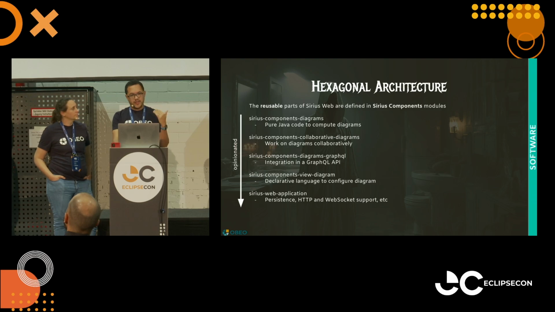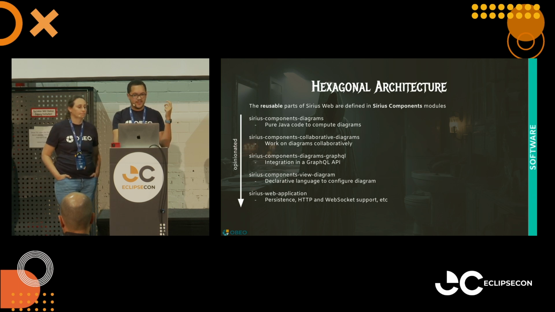On top of that, we have the integration of the declarative language that you have seen in the screenshots at the beginning of the presentation. Without this, you can only configure them programmatically. And finally, the application layer, which connects all that to the HTTP and WebSocket API, the relational database persistence, and so on.